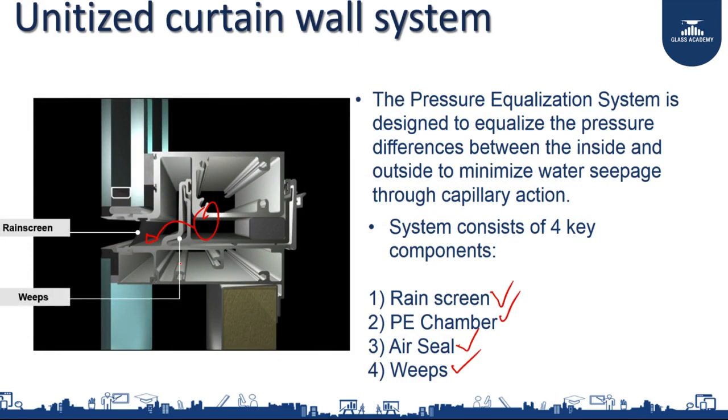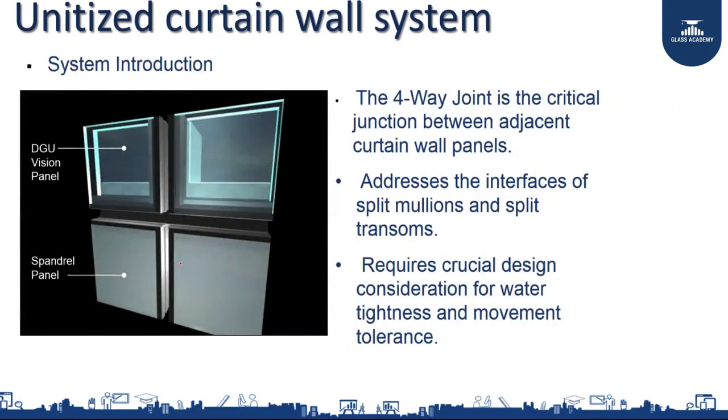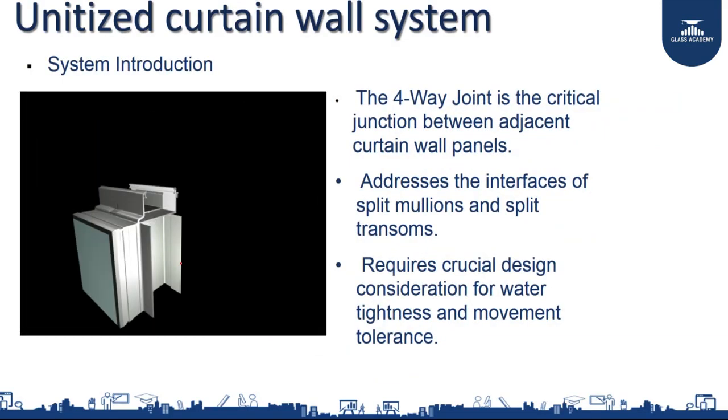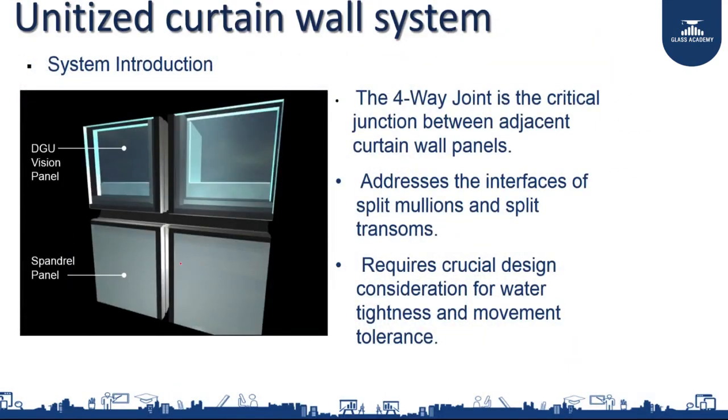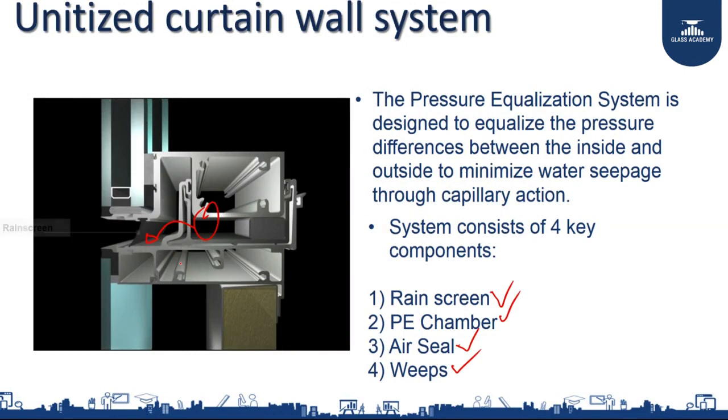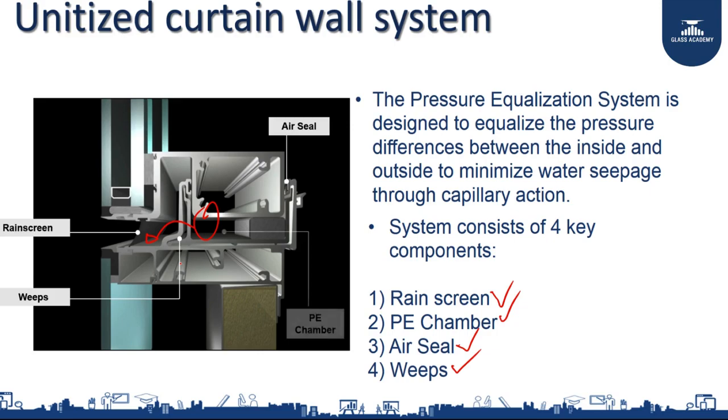It is not only at this point, but in the horizontal as well. If you look at the previous slide, in the vertical, this mullion which comes in, there also you make a pressure equalization chamber. So, rain screen, pressure equalization chamber, then air seal, the most important one, and then weep. If there is any excess water, you throw it off. That is how you start with the design.